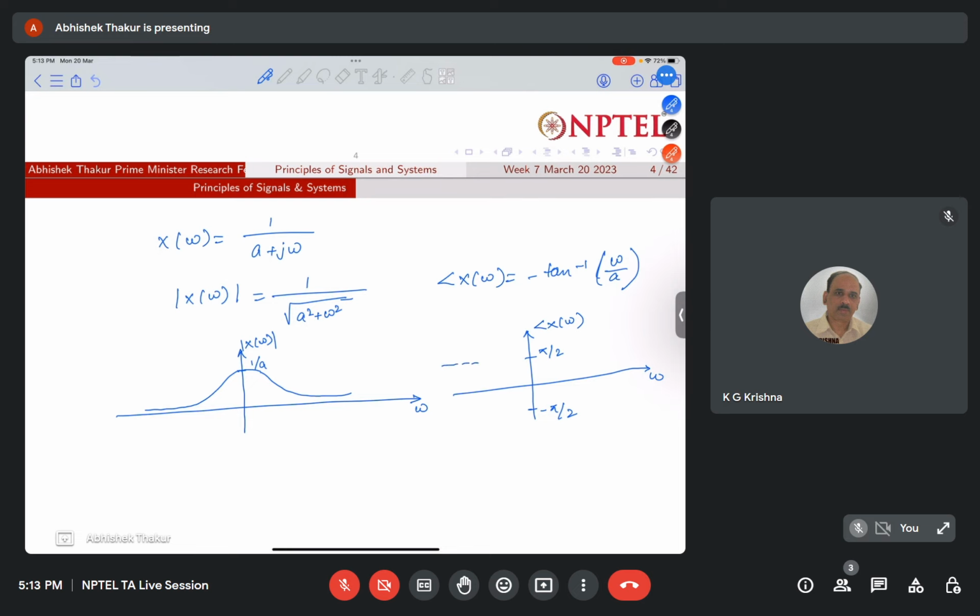The plot will be like this. It will be from minus pi by 2 to pi by 2. For omega tends to infinity, it will be minus pi by 2, and for omega tends to minus infinity, it will be pi by 2.